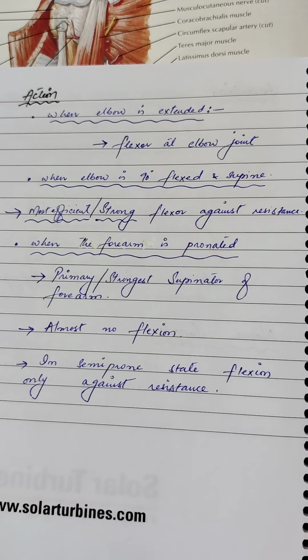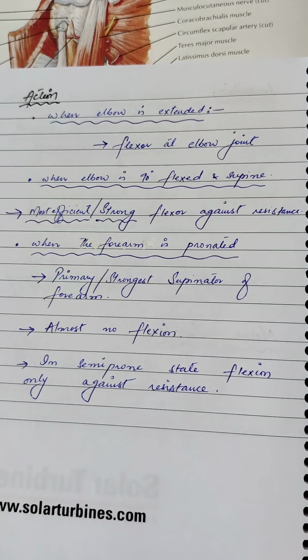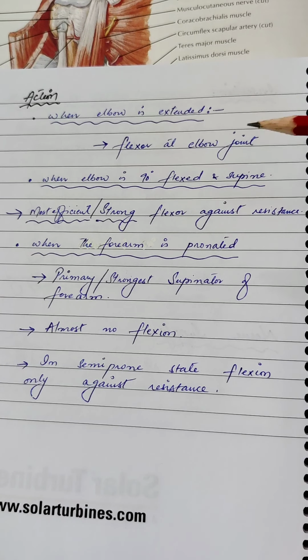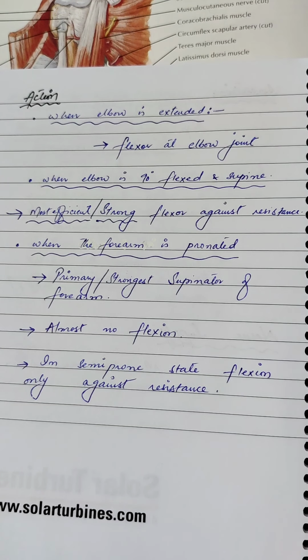So let's go over the actions of the biceps brachii. When the elbow is extended, it is a flexor at the elbow joint, of course. When the elbow is 90 degrees flexed and supine, then it is the most efficient and the strongest flexor against resistance. And when the forearm is pronated, then it is primarily responsible for the supination of the forearm.